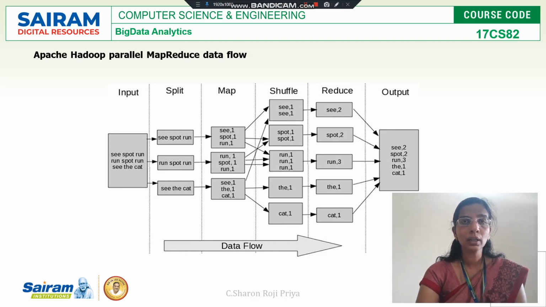If you do the combiner step, it will lead to less data transfer. Otherwise, data transfer will be a little more. But the combiner step is optional. If you want, you can do it, otherwise you can leave it. And then shuffle, reduce. So this is your data flow diagram for the MapReduce model. Hope you understood it. Thank you.